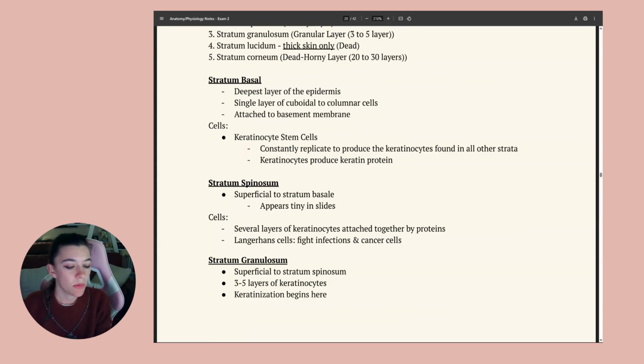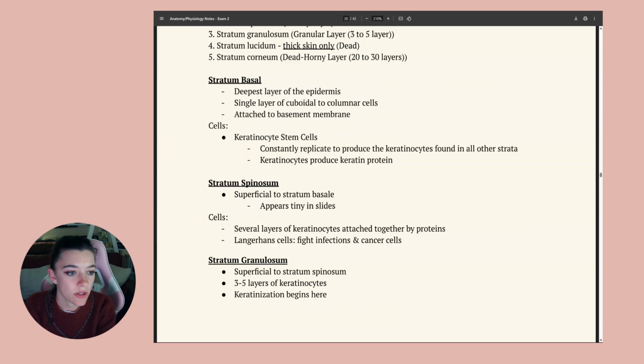So let's get a little bit more detailed into this. Your stratum basale is the deepest layer of the epidermis. It is a single layer of cuboidal to columnar cells attached to your basement membrane. The cells in there are keratinocyte stem cells.